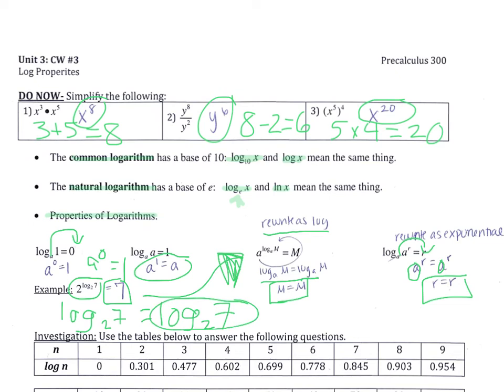And then again, log base 2 is equal to log base 2. So then we get 7 equals 7, which is just 7.